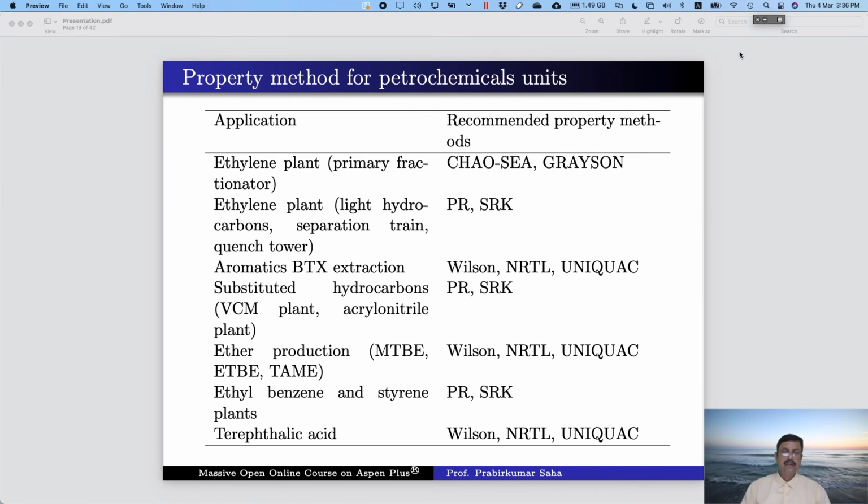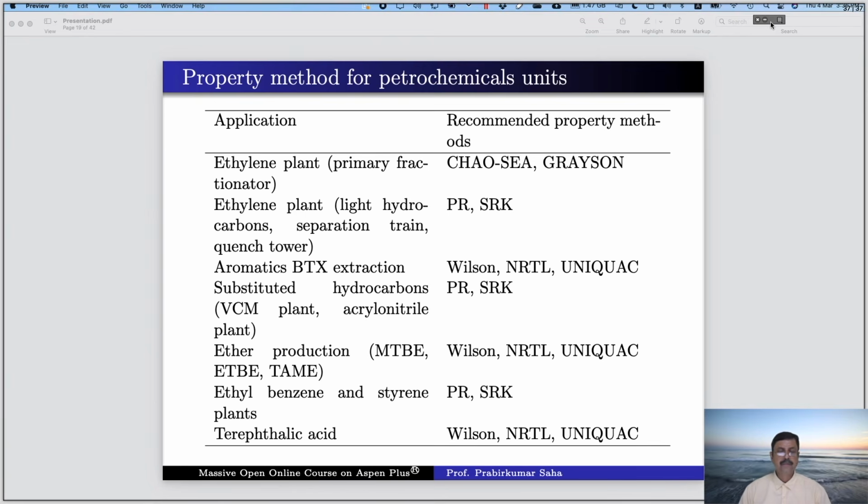To continue with the suggestions and recommendations, we have the property method suggestion for petrochemical unit. Several applications are suggested, like for ethylene plant, primary fractionator, we can use CHAO-SEA and Grayson package.